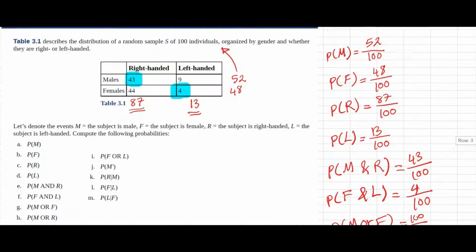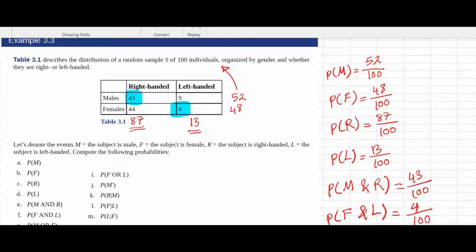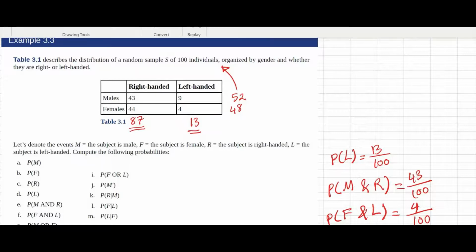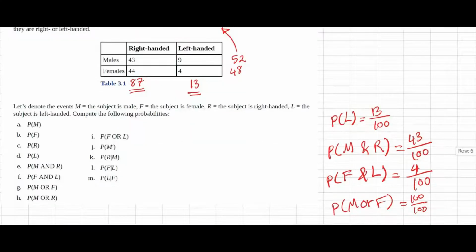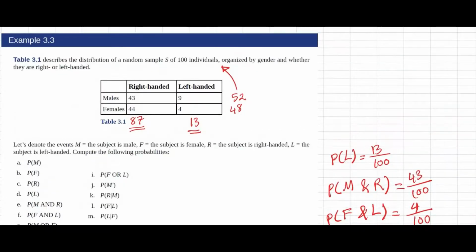So to compute that, let me show you on the contingency table how this is going to help us. So let me erase all of these. The probability we're looking at is, what is the probability of male or right-handed?